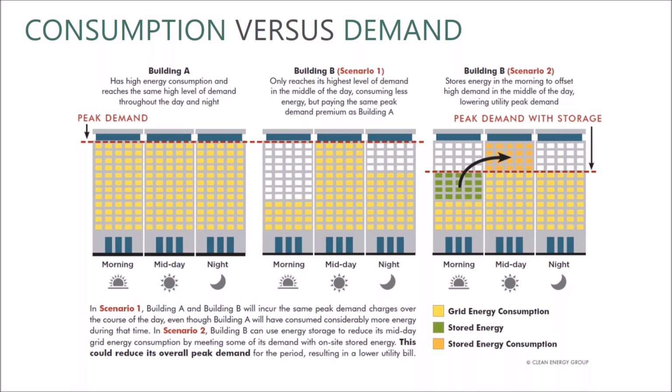They're all on midday, and then in the evening there's less on. They use less energy throughout the day, but their peak level of demand, that dotted line at the top, is the same for the two buildings. So their demand charges would be the same. The third graphic there just shows how you could store energy in the morning and then discharge it from your battery in the middle of the day to level out that peak demand and lower that demand threshold. Steve's going to get into that a lot more later on, so I'm not going to dwell on that here.